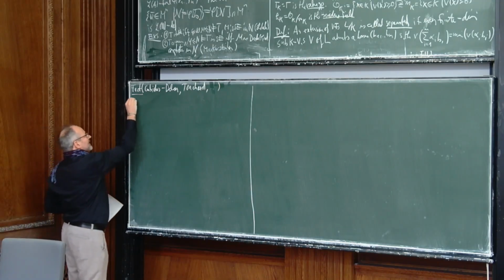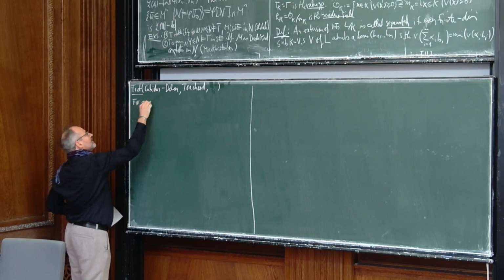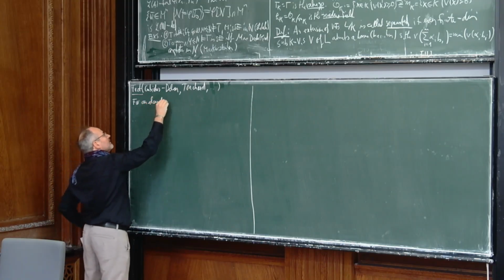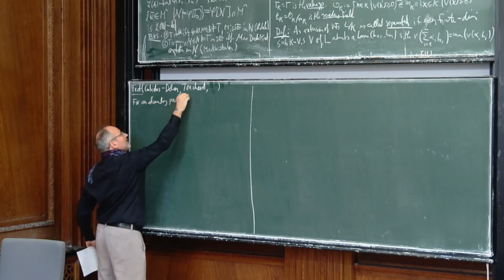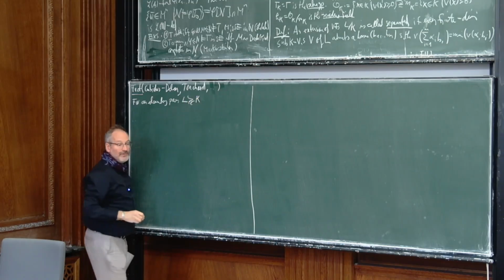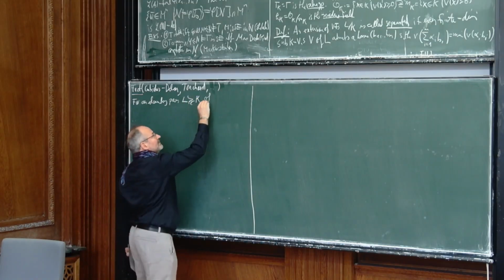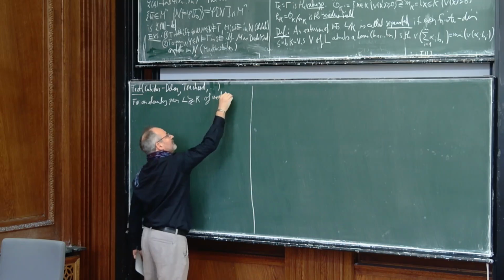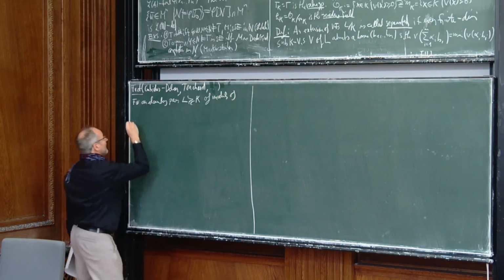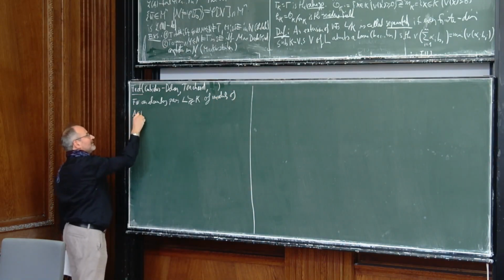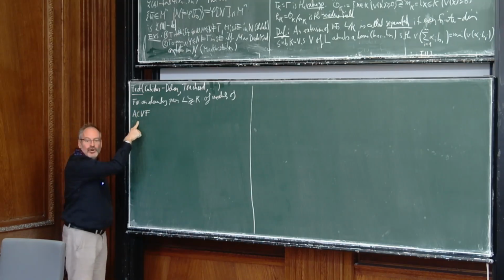So for an elementary pair of models of, and now I have a certain number of theories of valued fields, ACVF. This is the theory of algebraically closed, non-trivially valued fields.